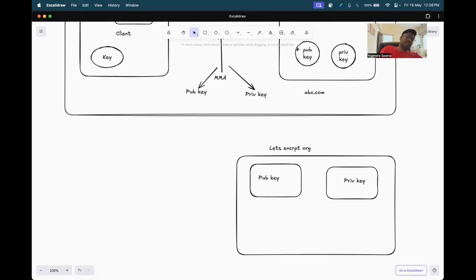And this server will also give its public key, because a public key is shareable with anyone, right? Even the man in the middle attacker can have a public key, because it is only used for encryption, not for decryption.